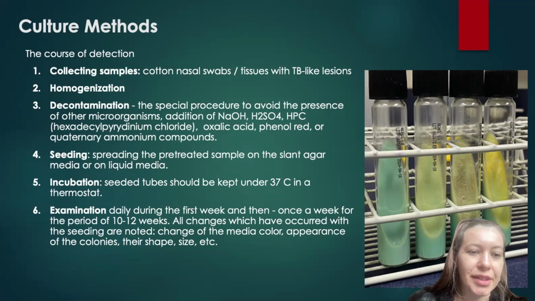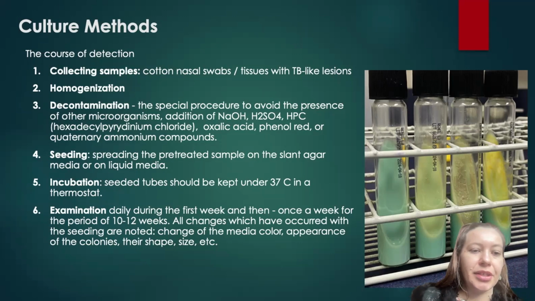Next stage is seeding, which is spreading the pretreated sample on the slant agar media or on liquid media. Of course, sample pretreatment and seeding should be carried out in sterile conditions in the special laboratory box.